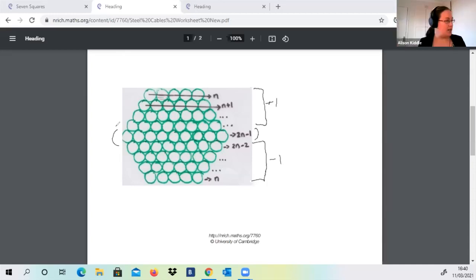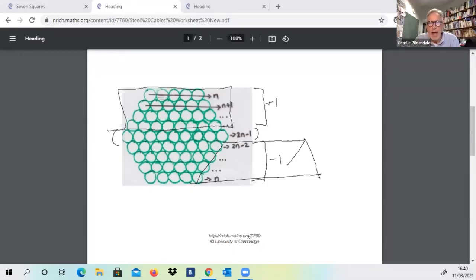So it's almost as if you're chopping this bit off and then sticking it on down here. Yeah, like that. And you're putting these 2 tetrahedrons together to make a parallelogram.